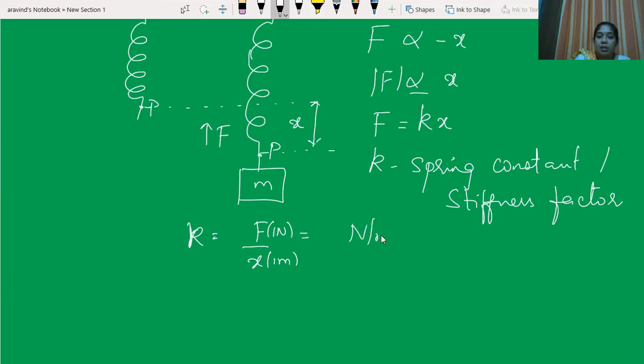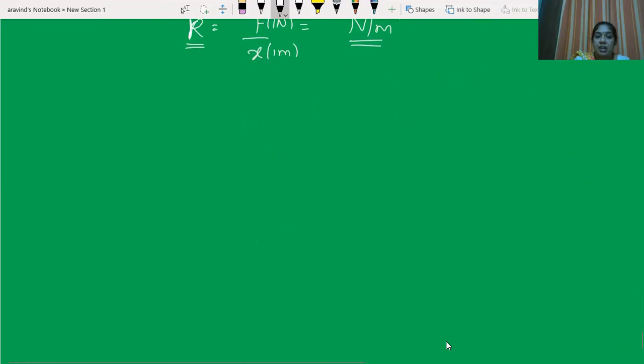The unit of spring constant is Newton per meter. So spring constant is a very important parameter. As we have written here, it is called the stiffness factor. Spring constant tells us how strong the spring is, how much load it can withstand.